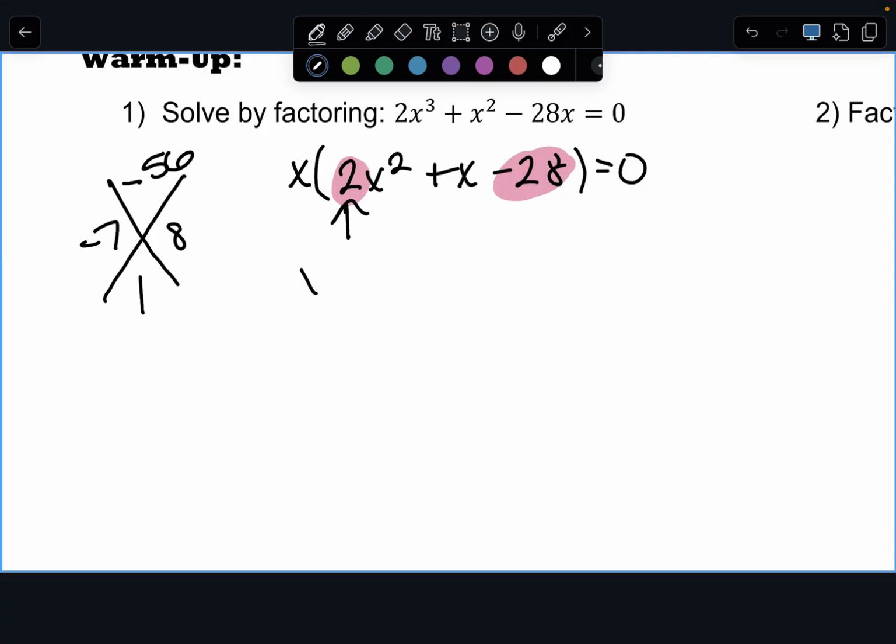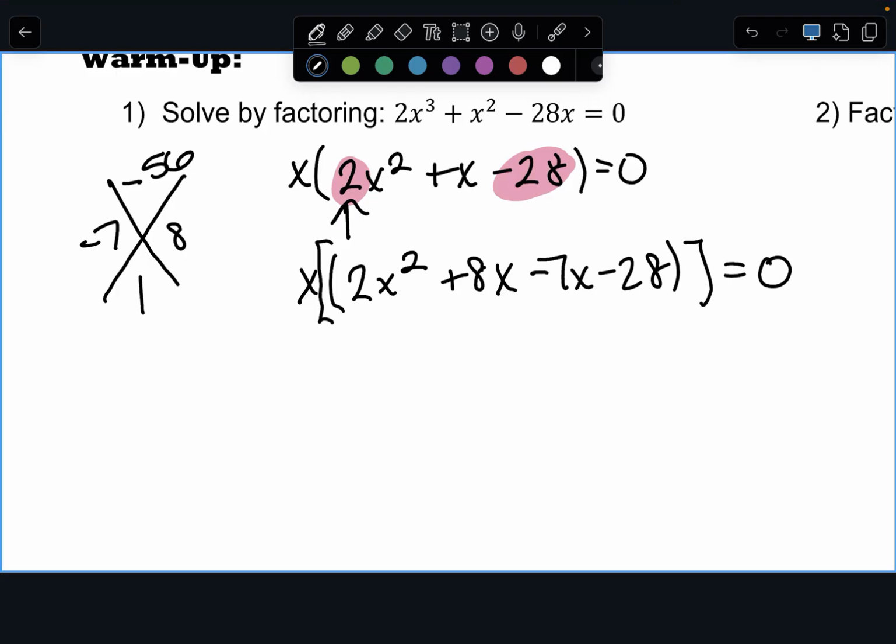Okay? So we have to rewrite our middle term. 2x squared. I'm going to write the 8x first, just because I noticed right off the bat they're both even, the 2 and the 8. Minus 7x minus 28. Still equal to 0. I'm done with that GCF x that I took out.